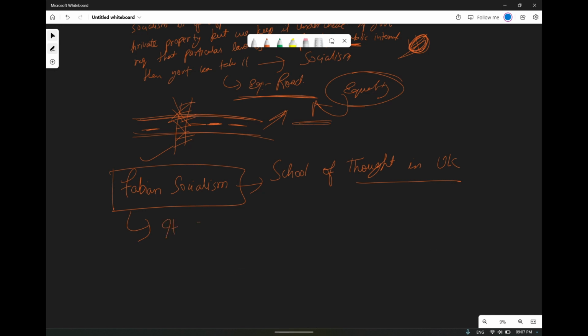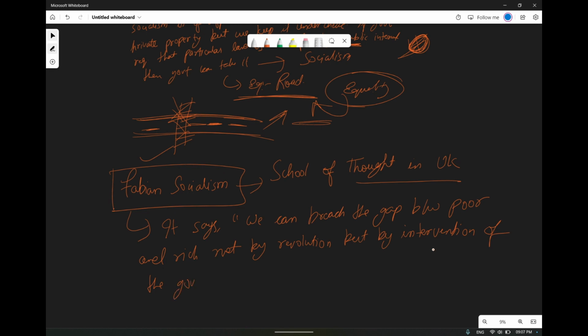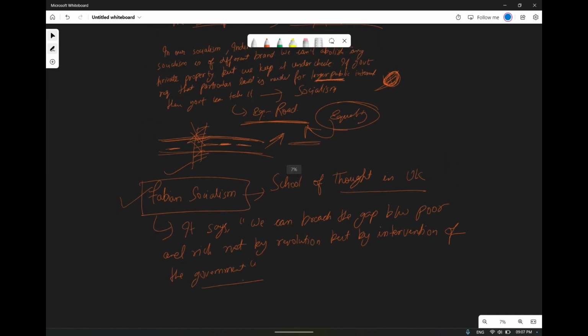Fabian Socialism says that we can breach the gap between the poor and the rich not by revolution, but by the intervention of the government.